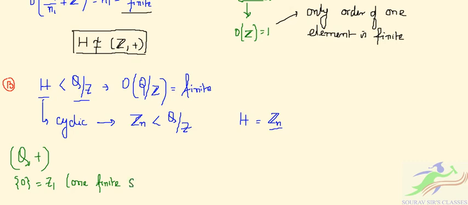So here is one finite subgroup. Okay, so only one element of this finite order, so it is isomorphic. Now we have to find the homomorphism from this Zn.